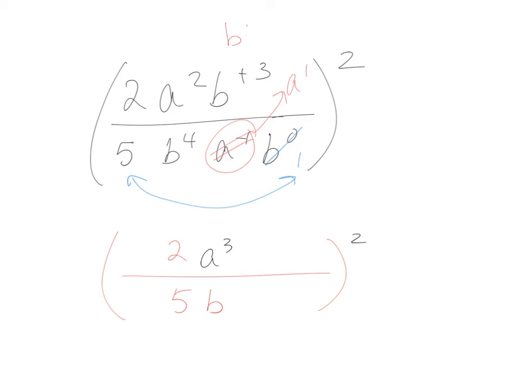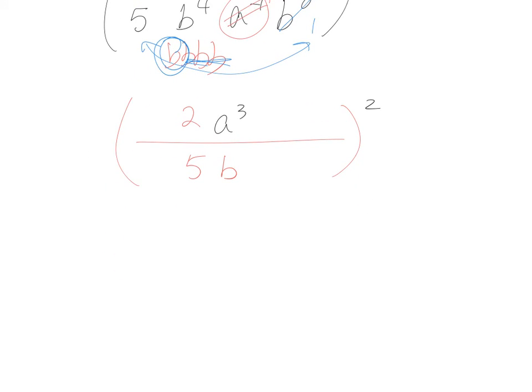Cancel 3 of these with these 3, leaving you 1 behind. All right, so is this my answer? No. I have to still square everything. What do I get when I square everything, Bridge? You get 4 a to the 6th over 8 b, a to the 6th, and 25. Very good.